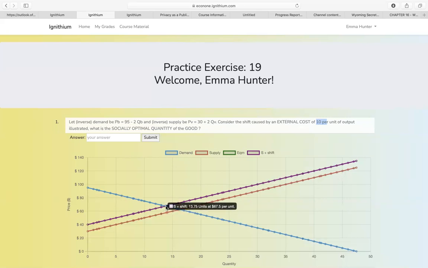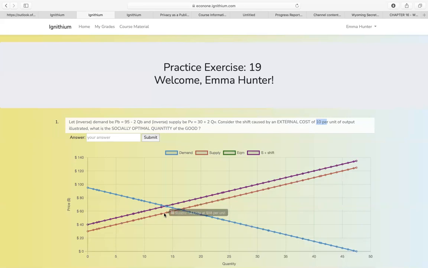So this is the true amount, and I'll get rid of the supply curve now. This is the socially optimal amount that should be produced. Once you get to this crossing point between the two of them, remember that the distance here is exactly 10 units.